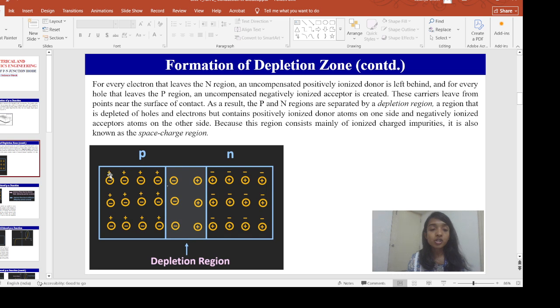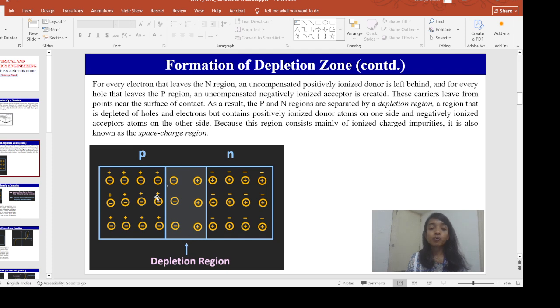Similarly, for each and every hole that leaves from the p side to the n side, a negatively charged acceptor ion is left behind. As these electrons diffuse from the n side to the p side and recombine with holes, and as the charge carriers vanish, more and more recombination keeps happening, what will happen?